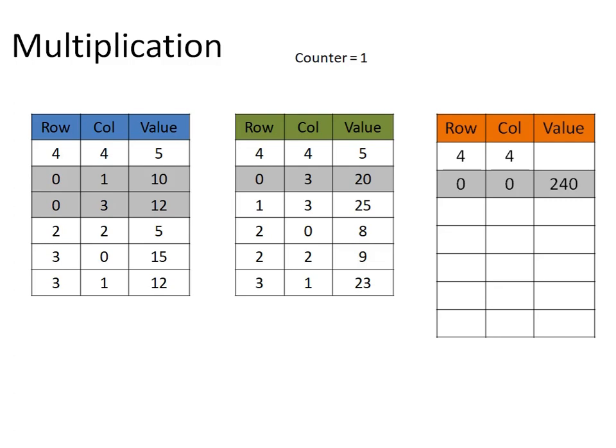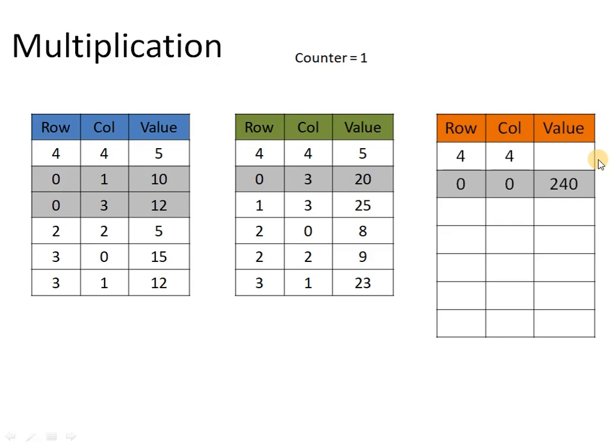So here we have two values in the first matrix and a single value in the second matrix, and we have the same column 3. So 12 and 20 will be multiplied and the corresponding index of the resultant matrix will be the row indices of both the matrices.